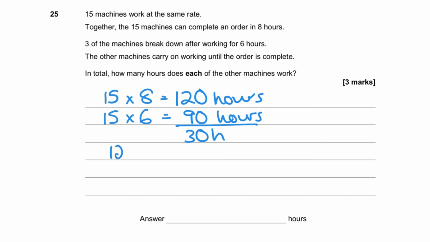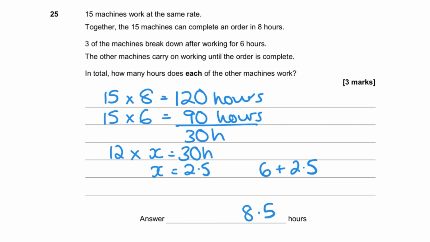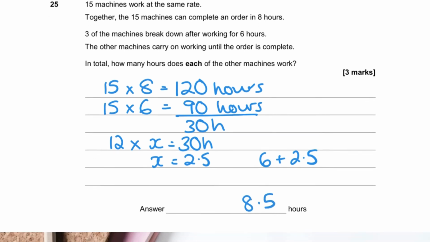So we've got 12 machines working to do 30 hours work. So if we divide both sides by 12, x is going to be equal to 2.5. So it's going to take them another 2.5 hours to finish the order. So altogether, the other machines have done 6 hours plus the extra 2.5 hours, so they'll have worked 8.5 hours when they've completed the order.